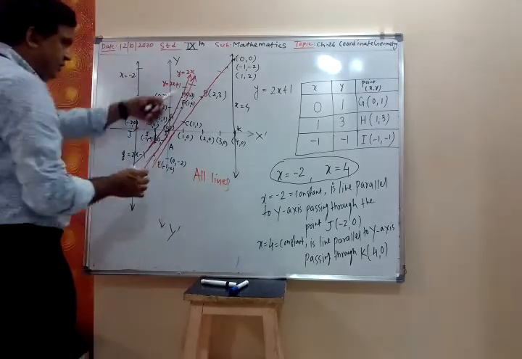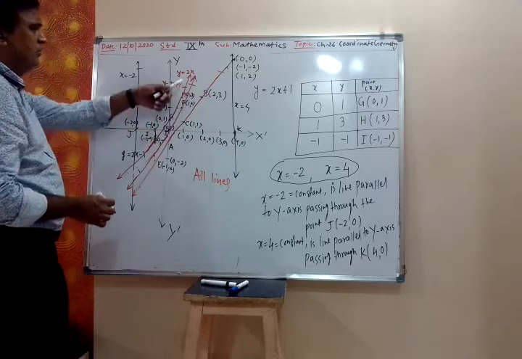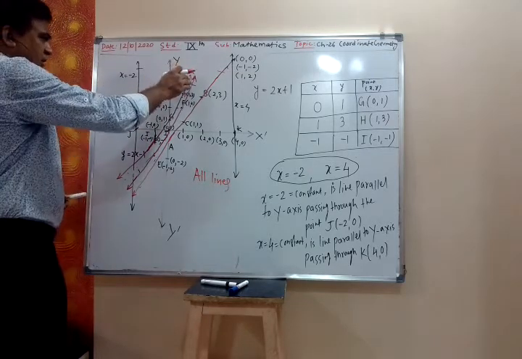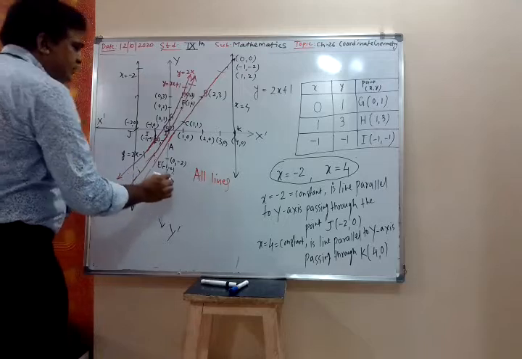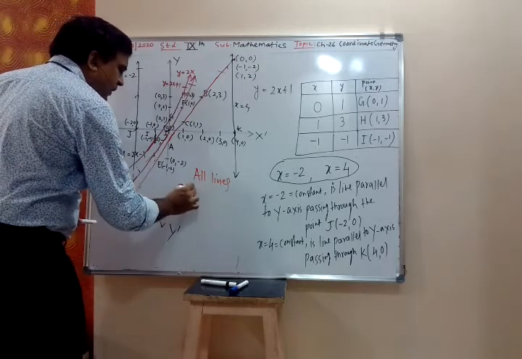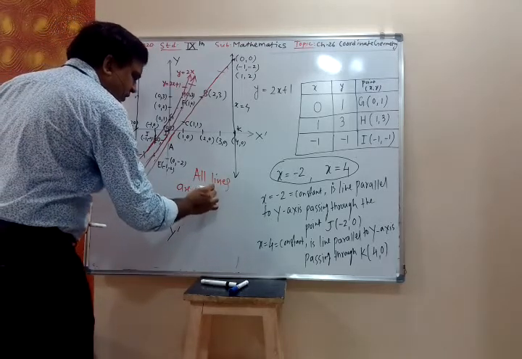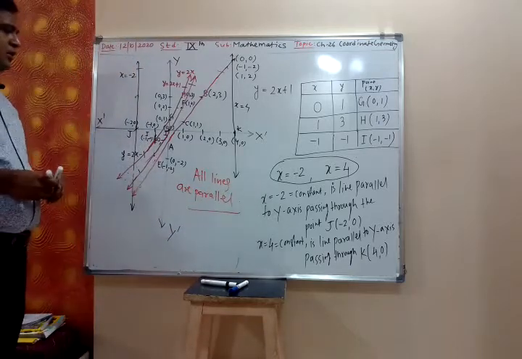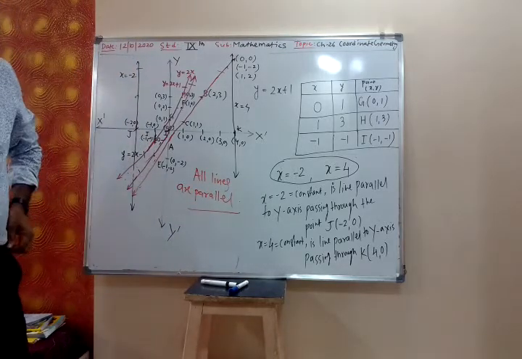If you draw the proper graph, you will come to know that all lines are parallel. I am not plotting it on the graph paper. So all lines are parallel.